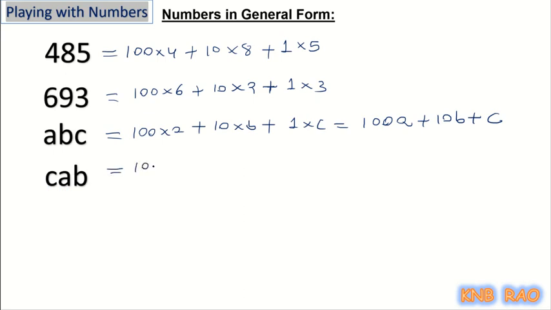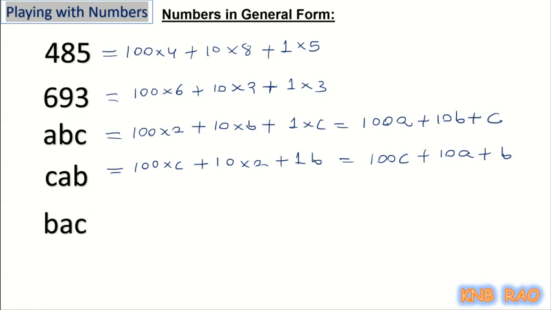So, its generalized form is 100C, 10 times A and 1 time B, and their summation is 100C plus 10A plus B. Can you now write the generalized form of the 3-digit number BAC? Definitely, straight away we can write 100B, 10A and C. So, 100B plus 10A plus C will be the generalized form of this 3-digit number BAC.